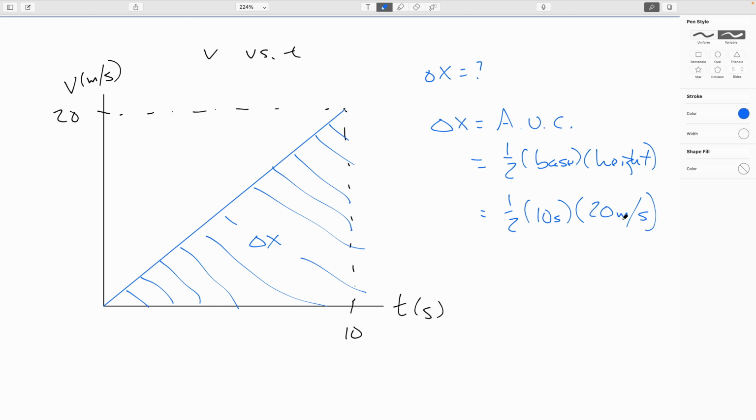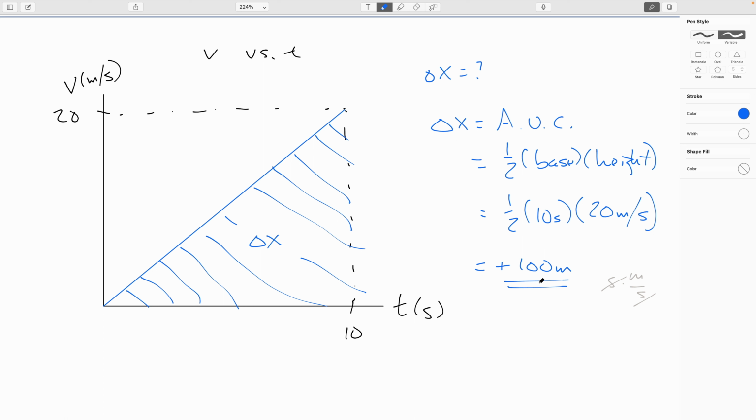Now when I multiply the seconds against meters per second, what's going to happen? Let me just note this off to the side here. So seconds times meters per second, the seconds will cancel. I'll be left with meters, so that's good. And I have a displacement of plus 100 meters. So the object moved 100 meters to the right, and I didn't have to take any integrals that I didn't want to take.